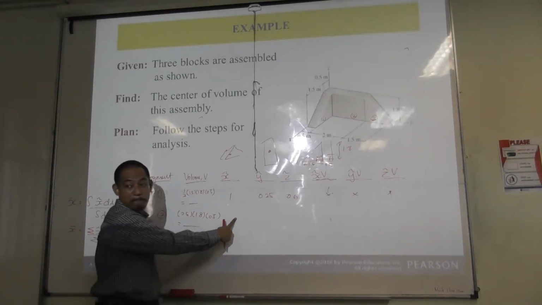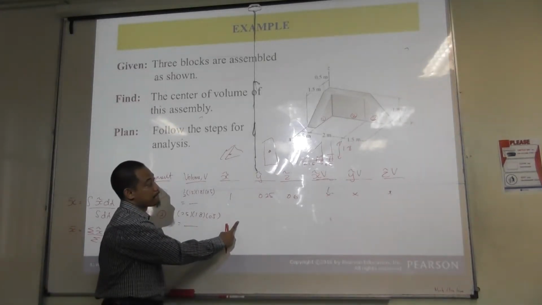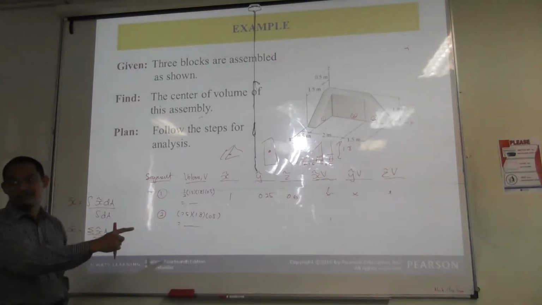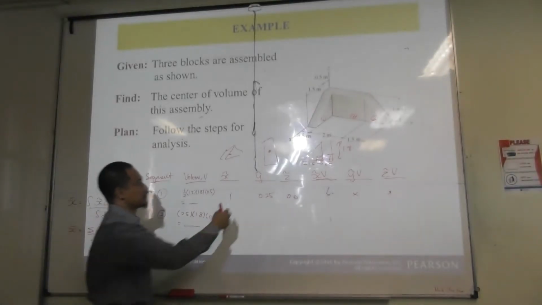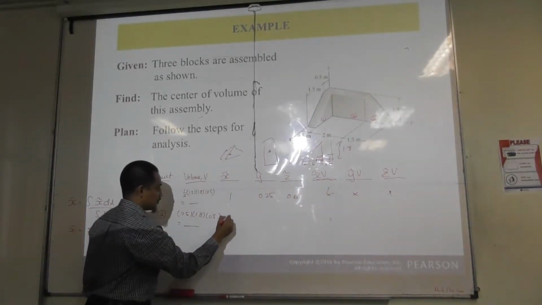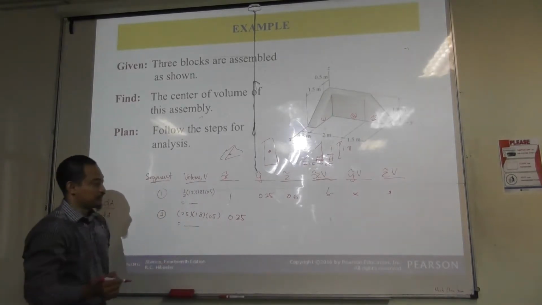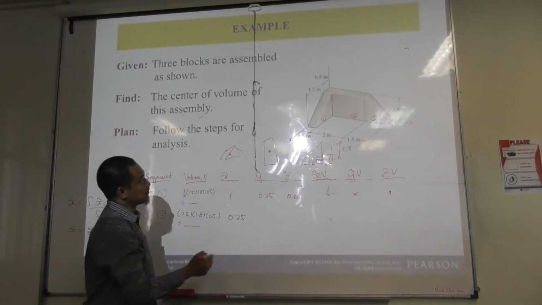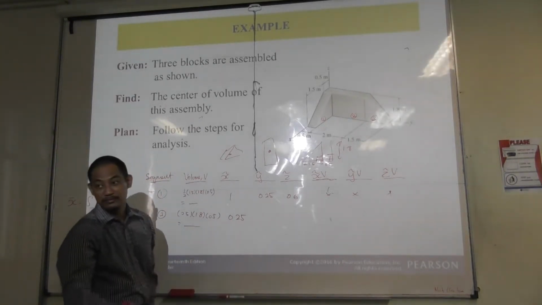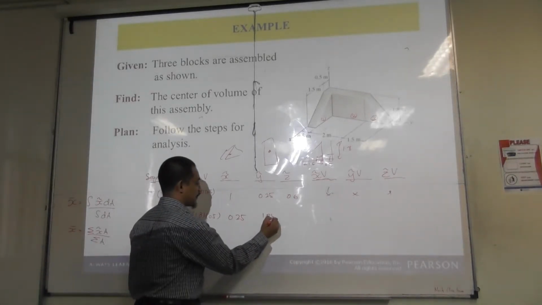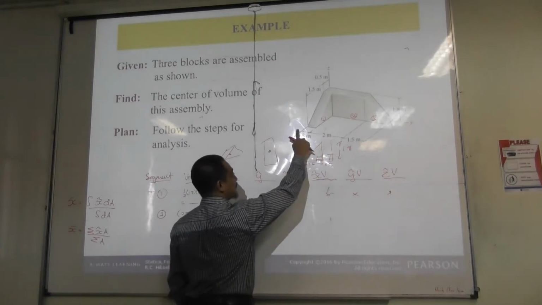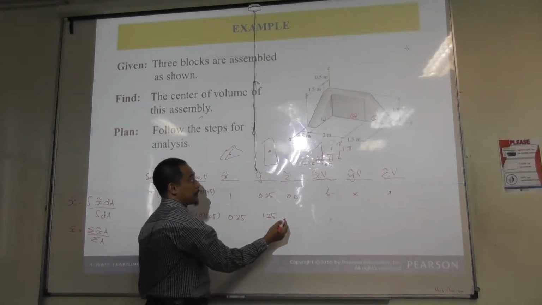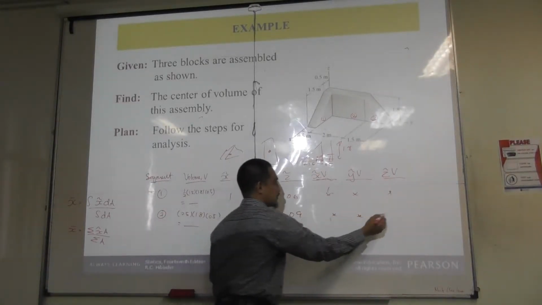X coordinate: 0.25? Can, friends? 1.5. How do you get 1.25? It's half of this 2.5. Z: 0.9. And then this is the equation there.